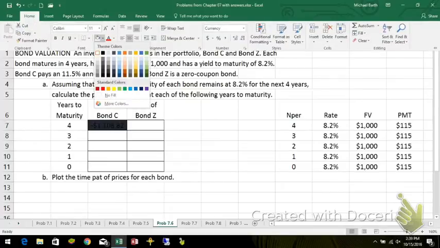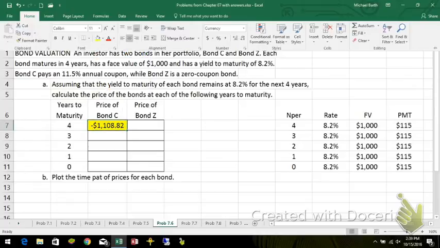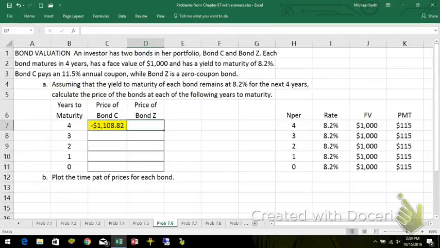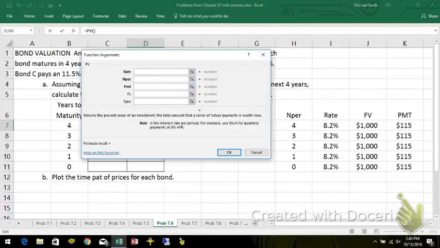And we'll do the same calculation for Bond Z, the zero coupon bond, except that instead of putting 115 in as the payment, we'll just leave it at 0. So it has the same yield to maturity, the same number of periods, 4 years.